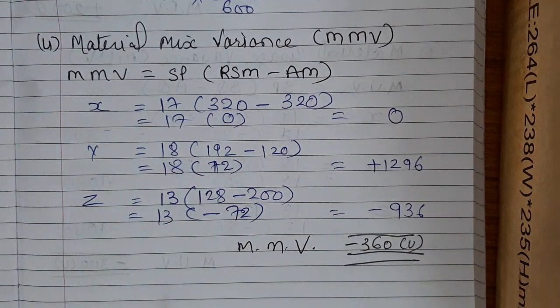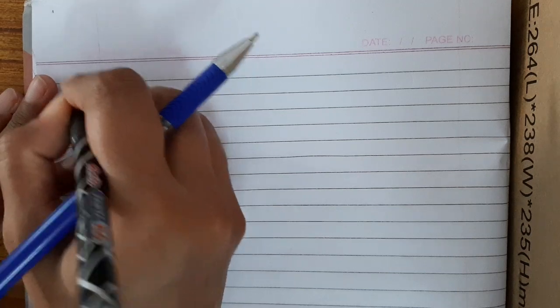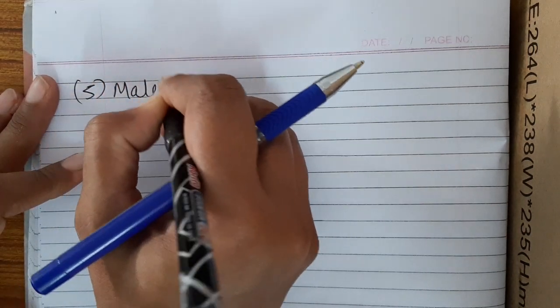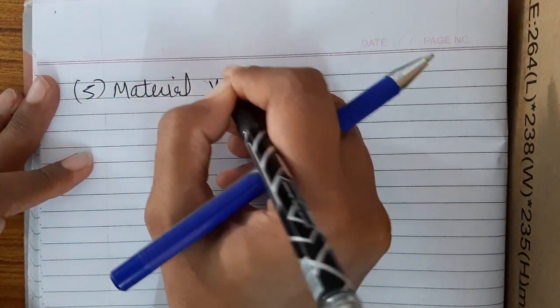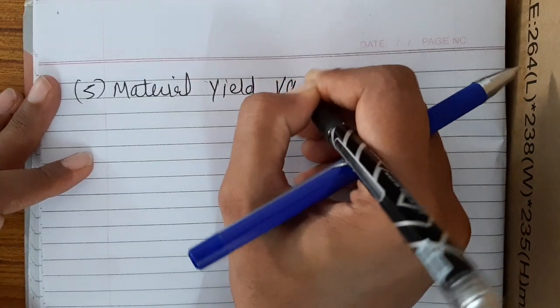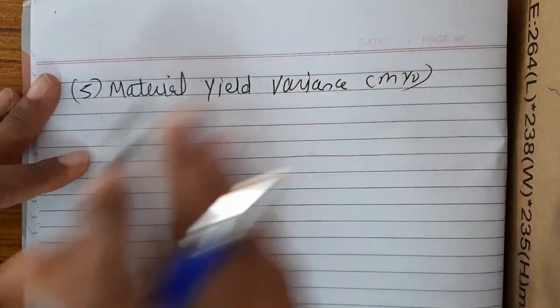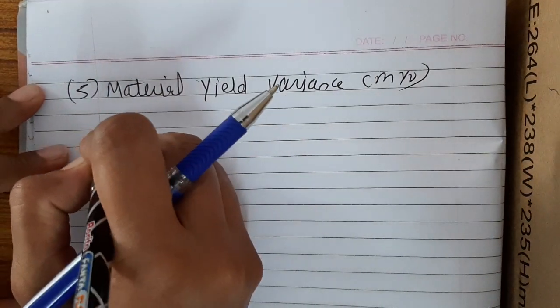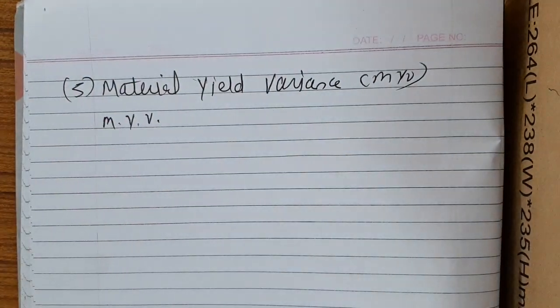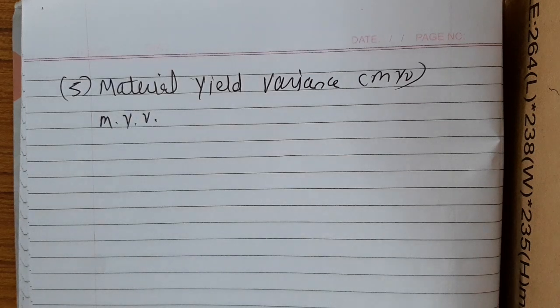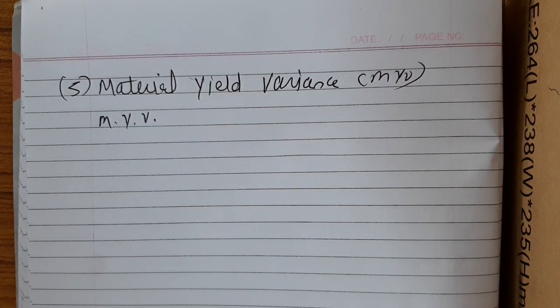Next, last formula, material yield variance. So fifth one, material yield variance, that is MYV. Here total standard quantity is not equal to total actual quantity.